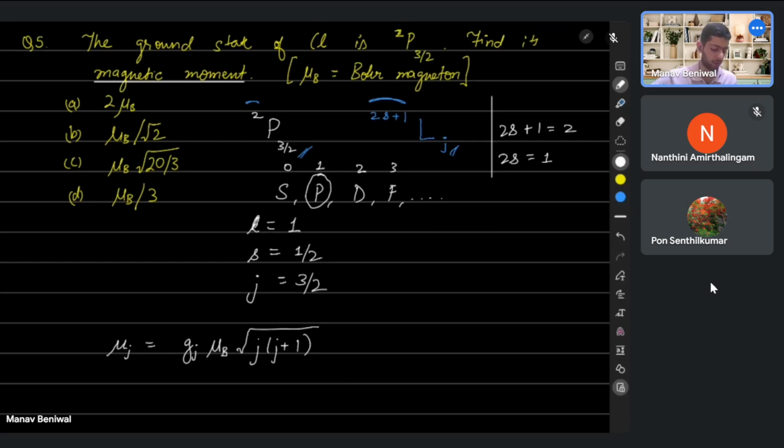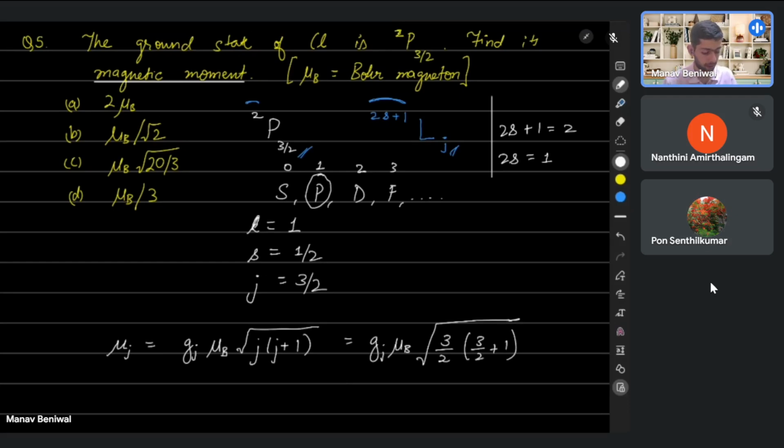Now we know j, it is 3 by 2. So let's put in j. It will be gj mu b under root 3 by 2 multiplied by 3 by 2 plus 1.